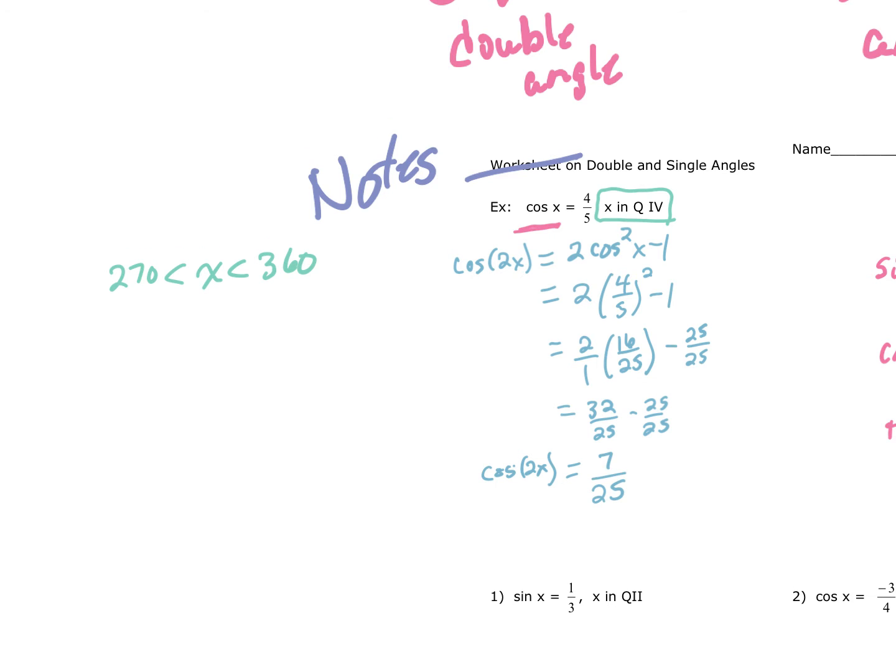Does that make sense? If we're in quadrant 4, we're somewhere between 270 and 360 if you're thinking about the unit circle. You need to look back there and think about where quadrant 4 is. To figure out where the double angle would be, we just have to double those numbers. If we double 270, we get 540. And if we double 360, we get 720.